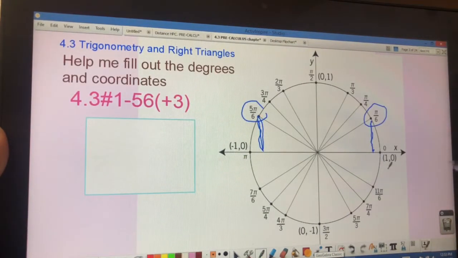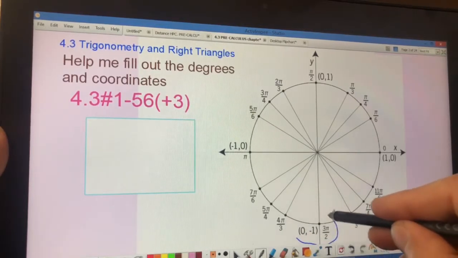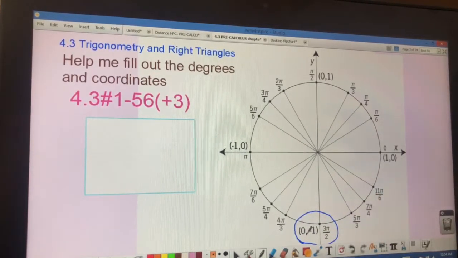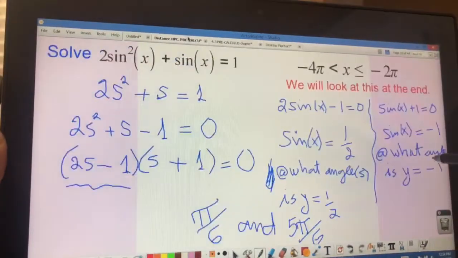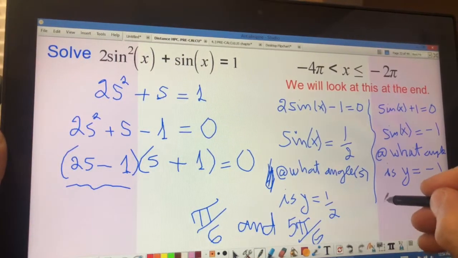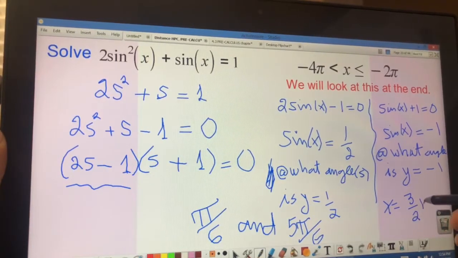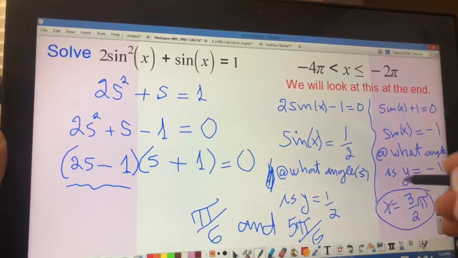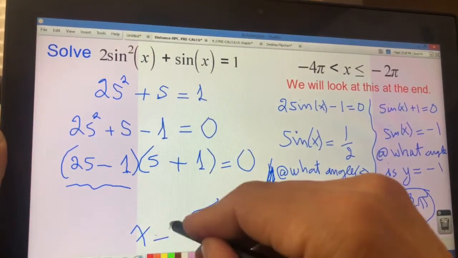The y equals -1. See, this is what I said: sometimes you get two answers, sometimes you get one. Look at that, the y equals -1 only happens down there. So that answer is only 3 pi/2. Hope that's clear. So your x is 3 pi/2. So you got one answer, two answers, and three answers for your x.